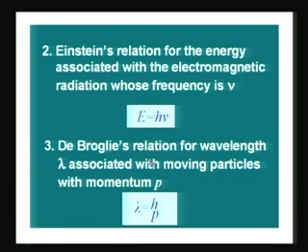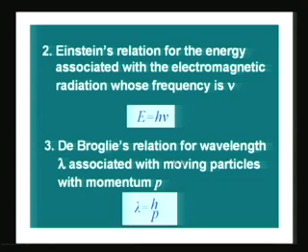What he suggested was that the wavelength lambda associated with the moving particles with a mass m and therefore a momentum p, which is mass times the velocity if the velocity is not very large. De Broglie proposed a relation for the wavelength, lambda is equal to h by p, where this h is again the same constant, the Planck's constant.